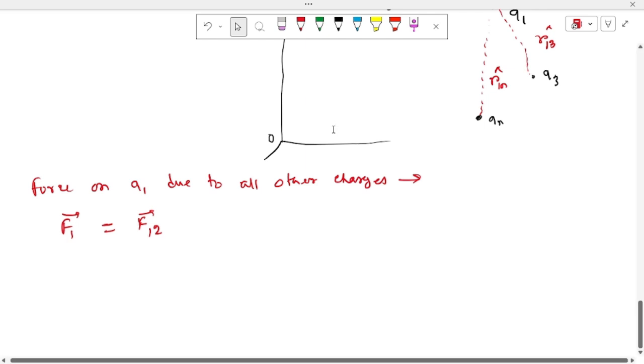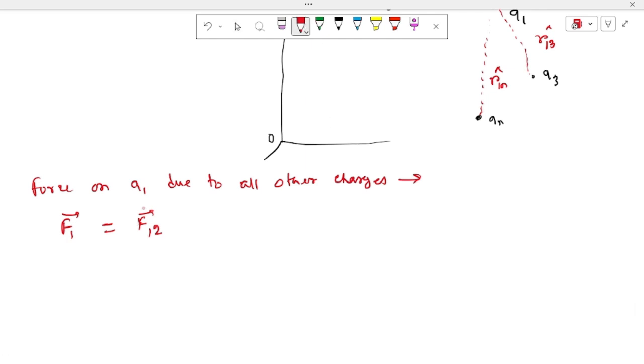plus force due to 3 in 1 plus force due to 4 in 1 plus dot plus force due to nth in 1, right? So this is the force. We will go this way: due to 2 in 1, due to 3 in 1, due to 4 in 1, in the same way due to nth in 1, right?